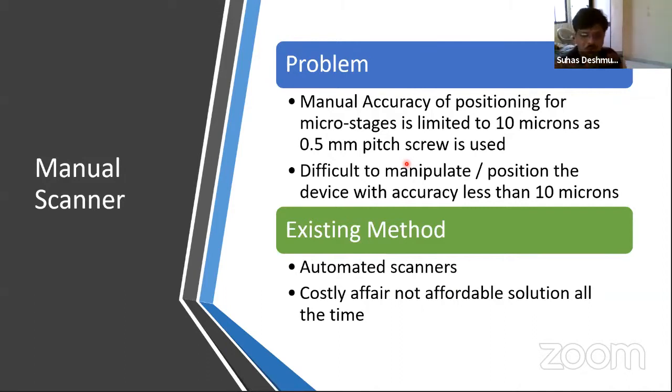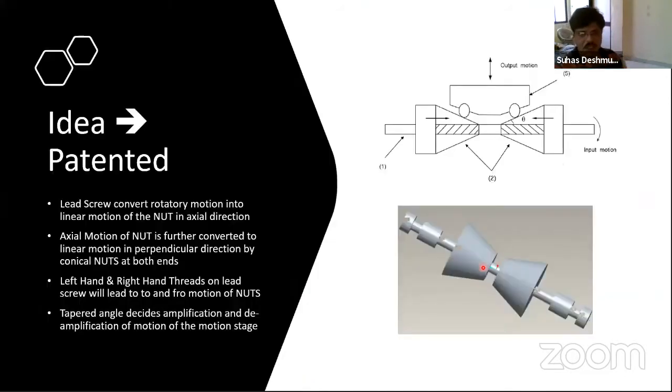For that purpose there are existing solutions. Automated scanners are available in the market, but they are too costly and not affordable for most people to use. Then we decided to go for a new innovative idea.